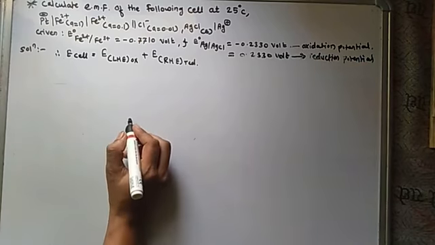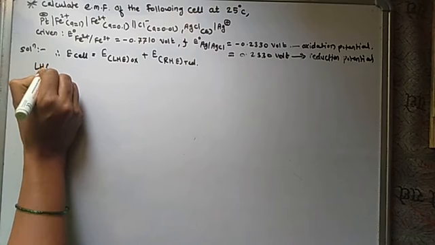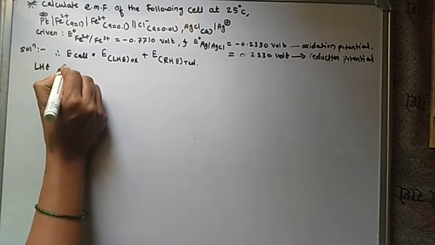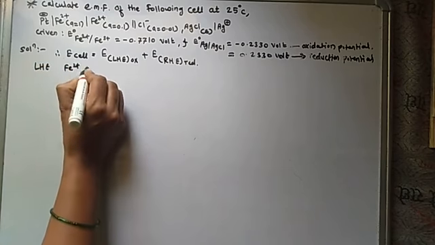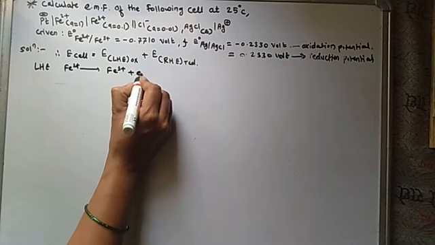Here we already know that in the left hand electrode, Fe2+ gives Fe3+ plus electron.